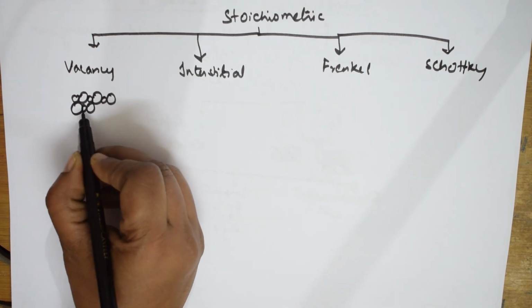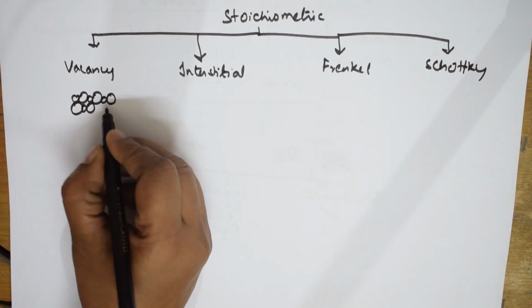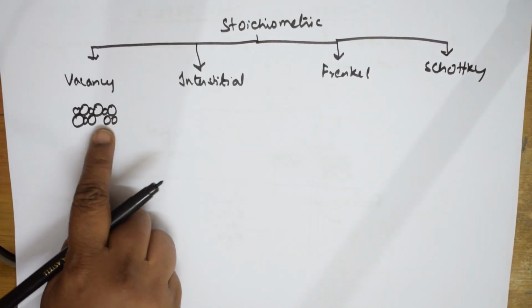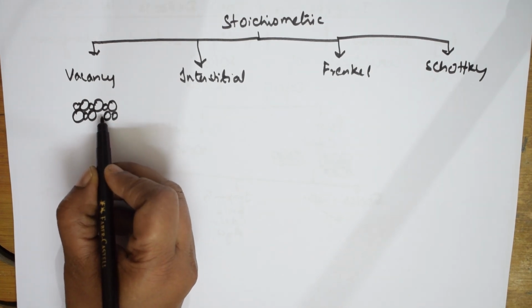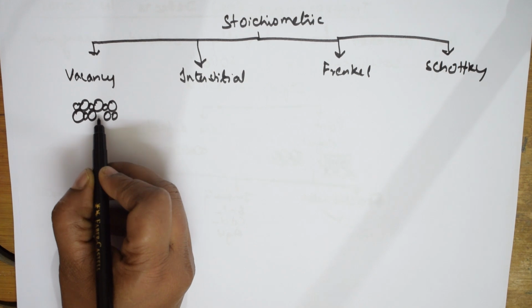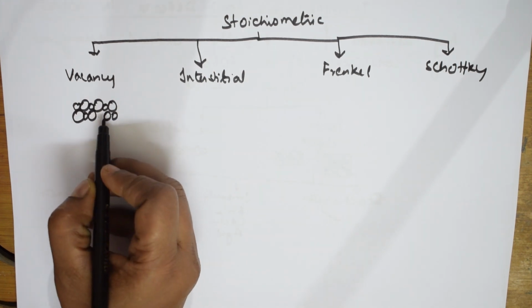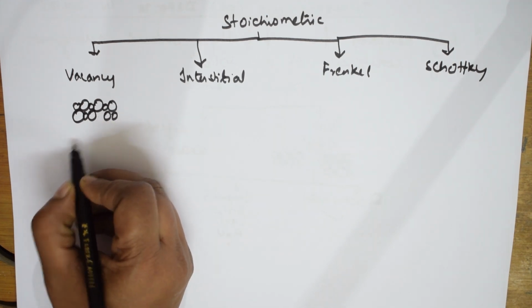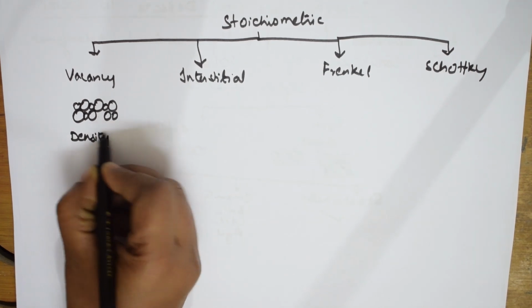If one cation is missing, automatically there is a defect. That means if one of the lattice sites becomes vacant, it is called a vacancy defect. The consequence of this is that the density of the crystal decreases.